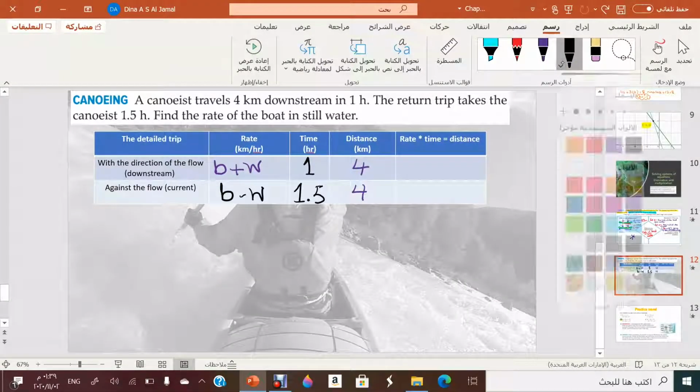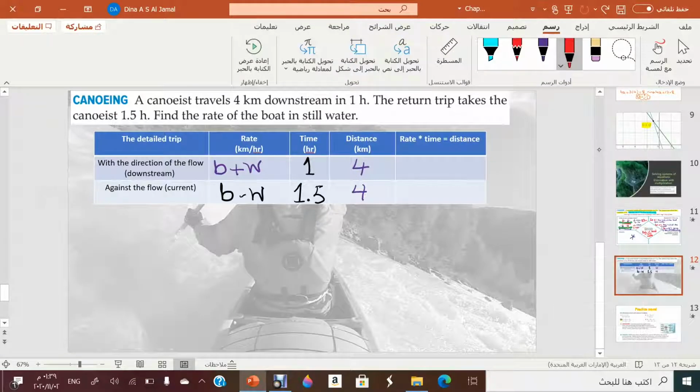Now, from the weighted average lesson, we know that the rate multiplied by the time will give you the distance. So 1 times (B plus W) will be equal to 4. Then 1.5 times (B minus W) will be equal to 4.